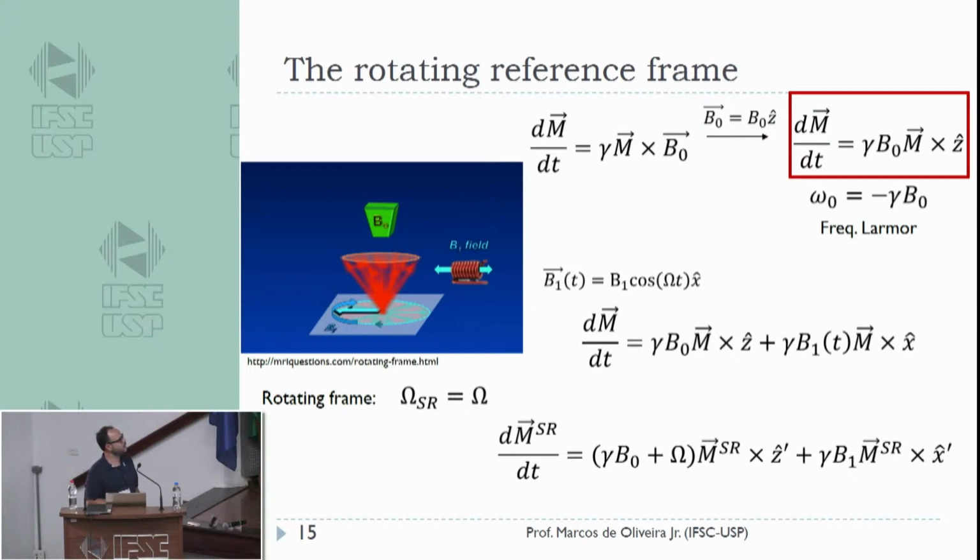Then we can show that gamma B0 times this magnetization shows a guy precessing around the B0. So if it's precessing around B0 with frequency omega 0, and I spin my system with frequency omega, it's easy to show that now I have this gamma B0 plus omega here. And then we don't have a time dependence here, and here neither.